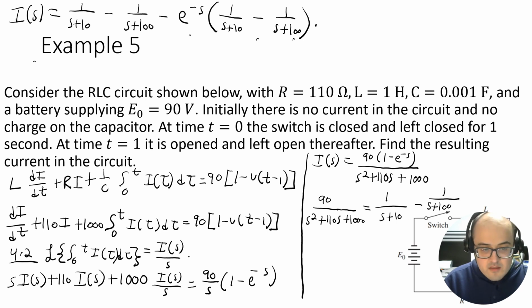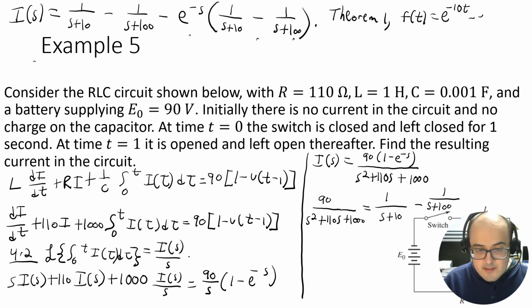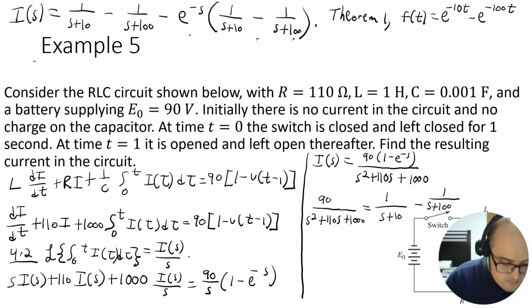Alright. So now if we were to apply theorem 1 with f of t being e to the negative 10t minus e to the negative 100t. Alright, so now doing that, we could get the inverse transform to be the following.